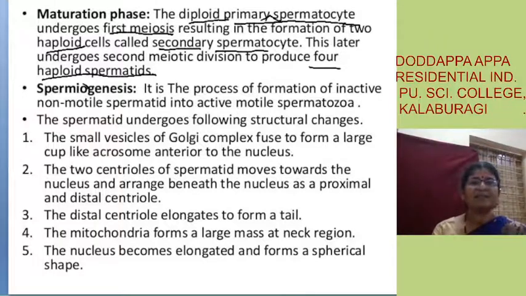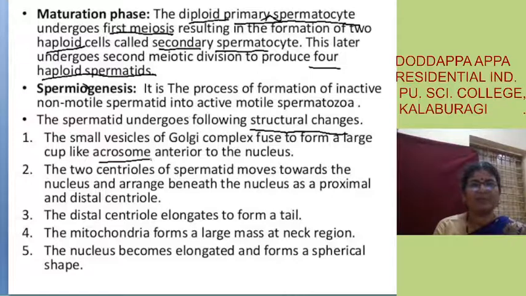The spermatids will undergo structural changes, physiological and morphological both. So what structural changes will it undergo? That is given here. The Golgi complex forms a large cap-like or cup-like structure, which is called acrosome.